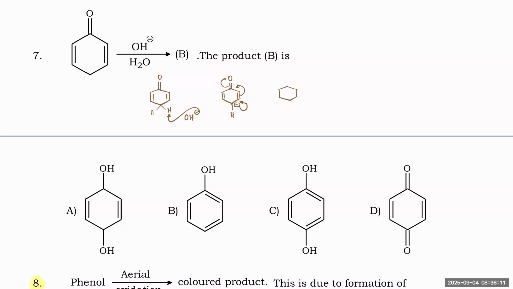That way you will have O minus, double bond, double bond, double bond, and this one. Done? And this on hydrolysis will convert into phenol. So by tautomerism, you will get phenol here.